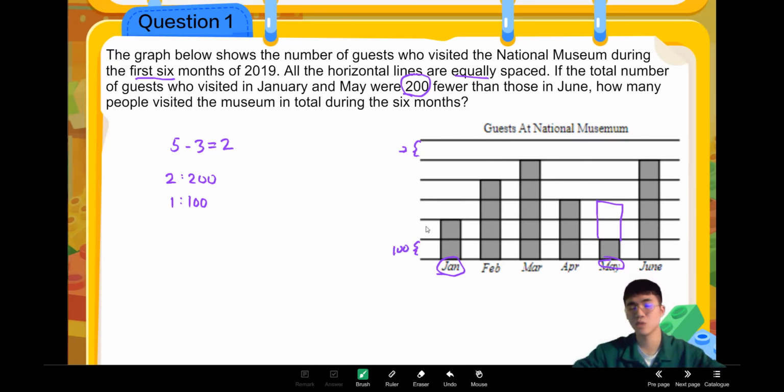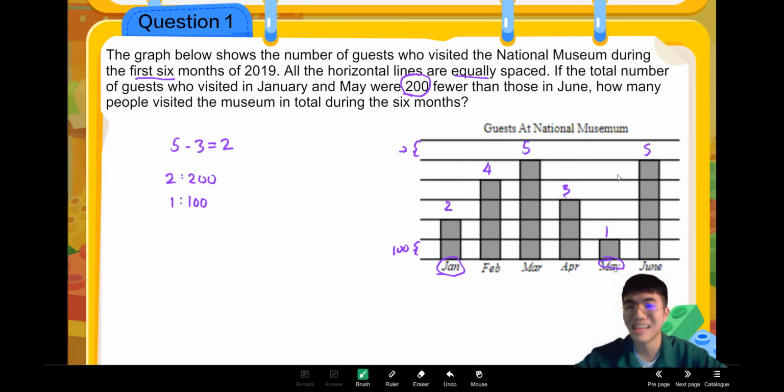So how many people visited the museum in total during the 6 months? Now we just need to find how many spaces have been shaded for every month. For January, we have 2. February, we have 4. March, we have 5. And April, we have 3. May, we have 1. And June, we have 5 as well.